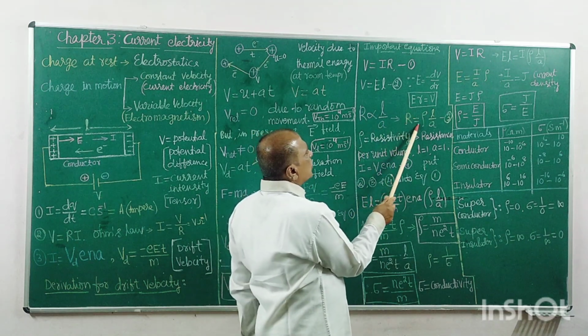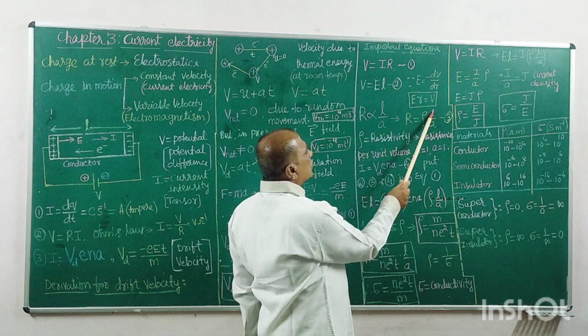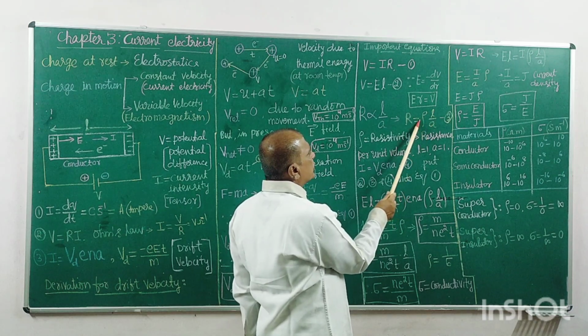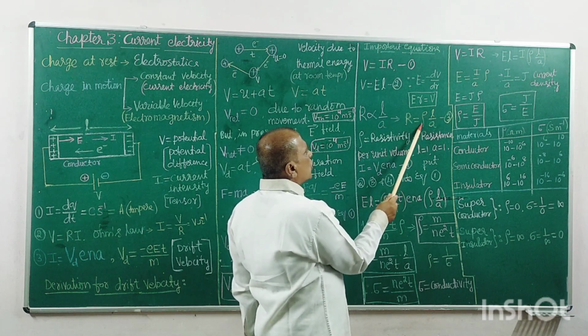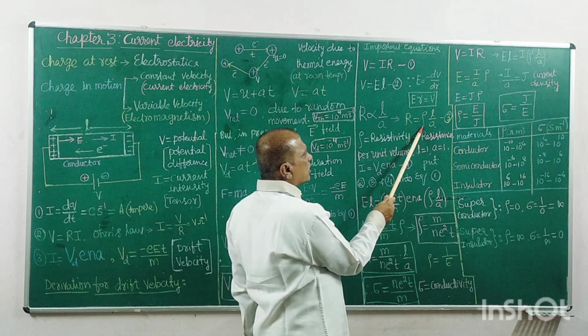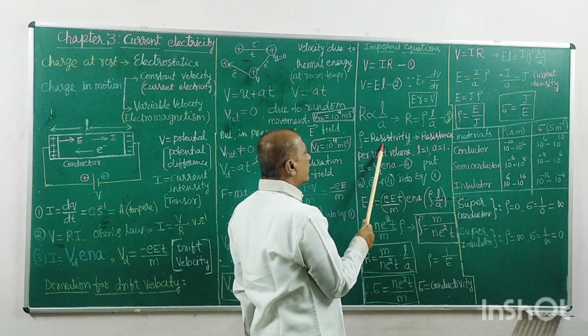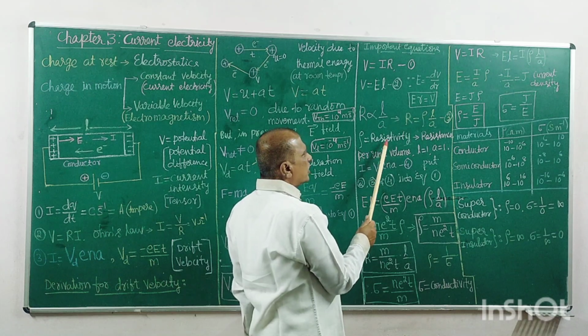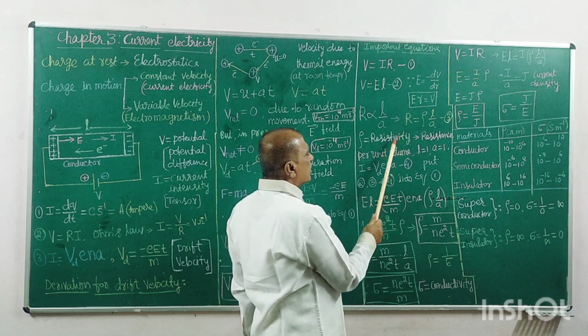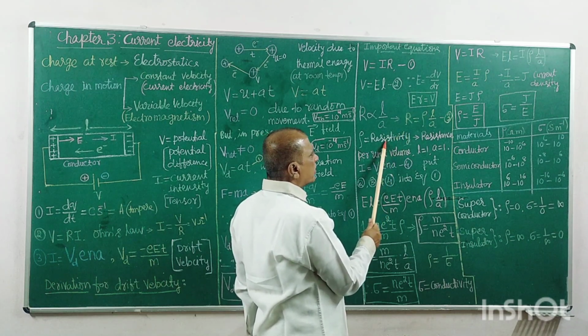So R is equal to a proportionality constant into L by A. In this equation, this rho is called the proportionality constant. This rho is called the resistivity of the conductor.